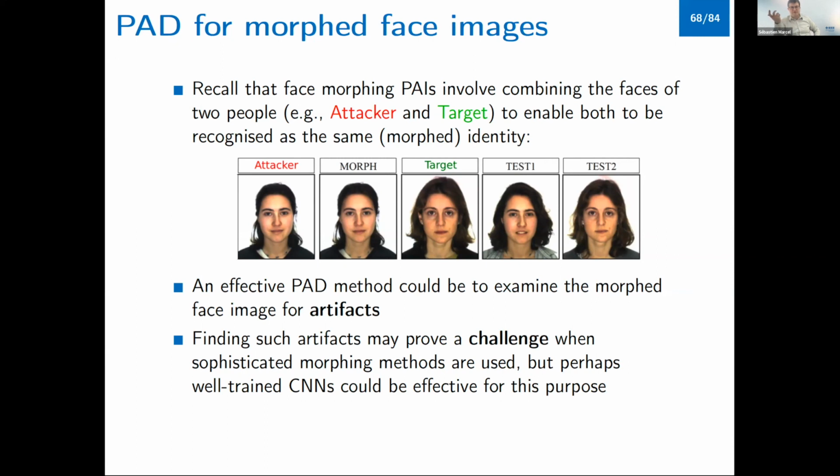For all those reasons, as far as I know, there are no databases with children, and it's going to be even more difficult to collect databases involving children. We may consider another direction to create data sets, maybe synthetic data sets with this kind of demographics. Also, as far as I know, most PAD data sets don't contain metadata such as demographics.